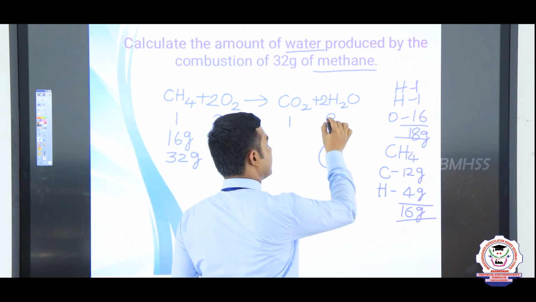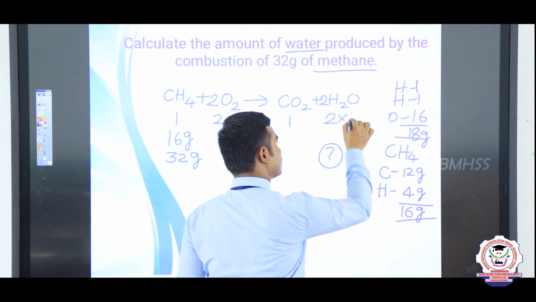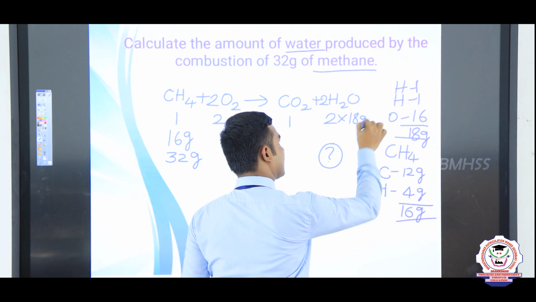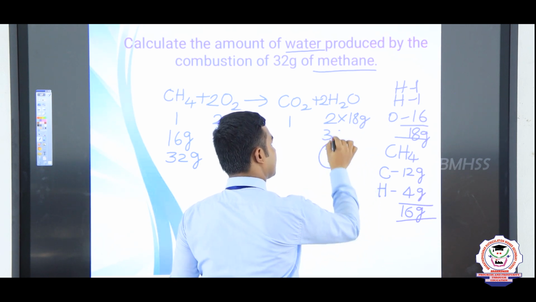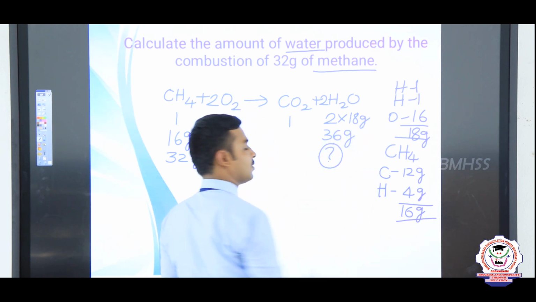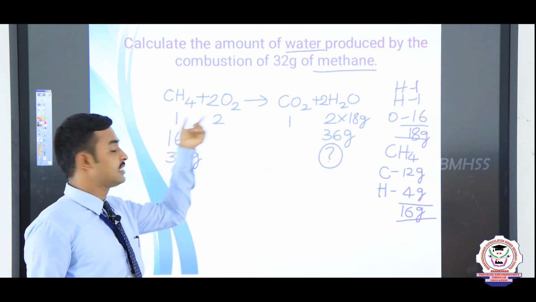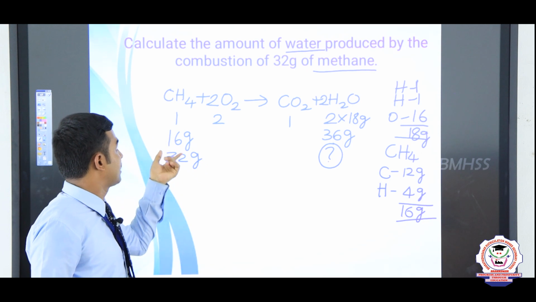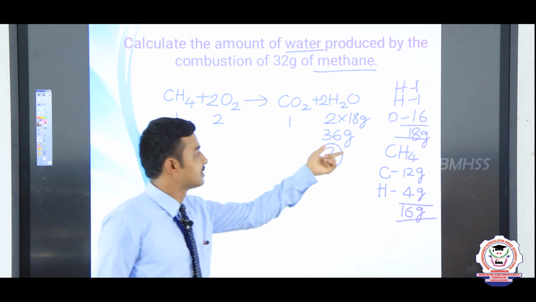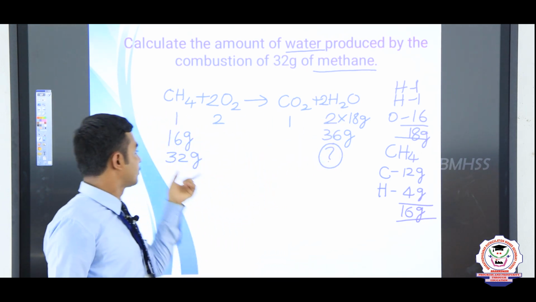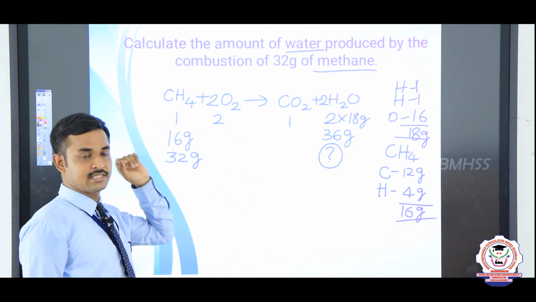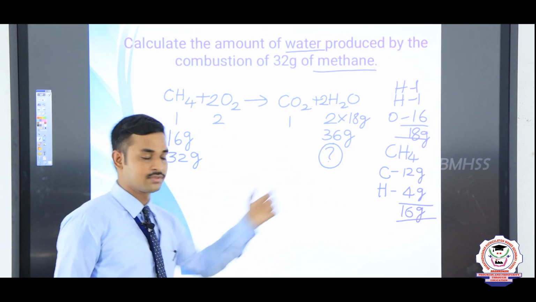But look here, we have 2 moles of water, so 2 into 18 grams, totally 36 grams of water is present here. Now, 16 grams of methane can produce 36 grams of water. So, if we take 32 grams of methane, how much water can be produced?